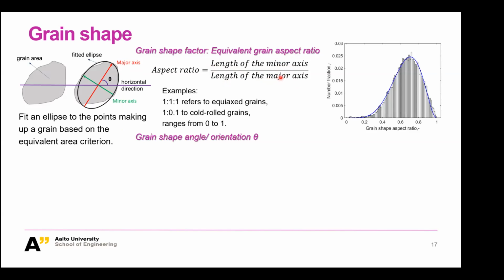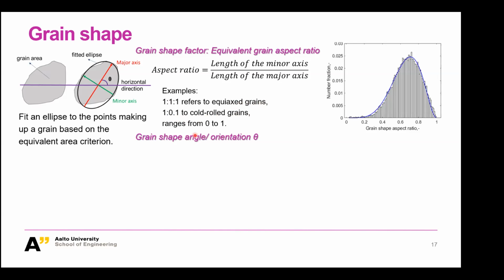But before you use it, you need to know which is your definition. And here we normally choose the first method. Therefore, the range of the aspect ratio is from 0 to 1. If it is 1, then it refers to equiaxed grains. And if it is close to 0, it refers to needle-like grains or extremely elongated grains.